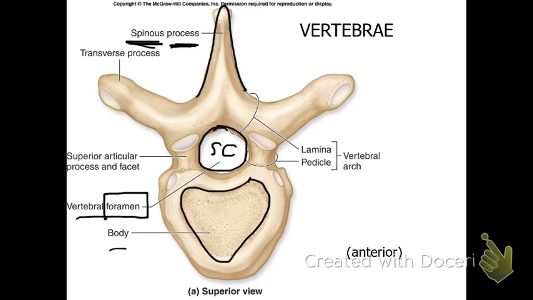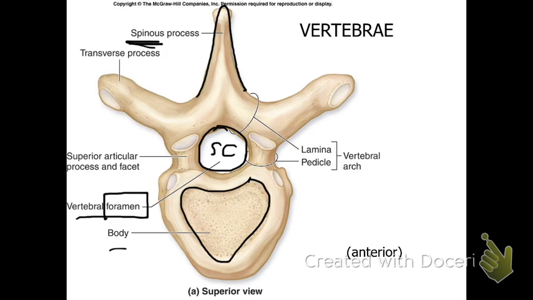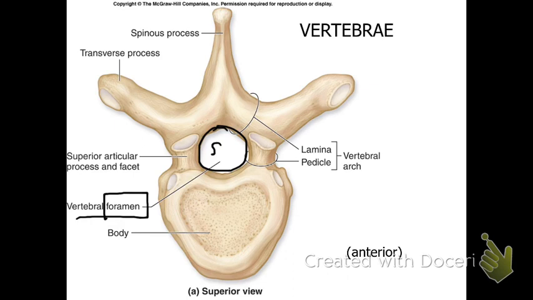On the sides, there are transverse processes. So we see on the side, transverse processes. There's a couple of areas. One is called the lamina. The lamina is shown here circled. Okay, so basically it's the connection.